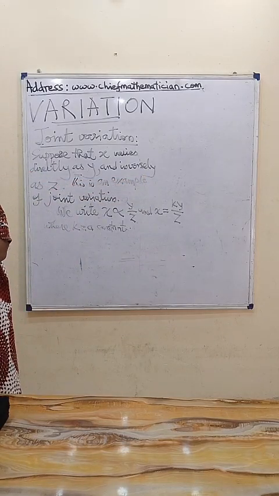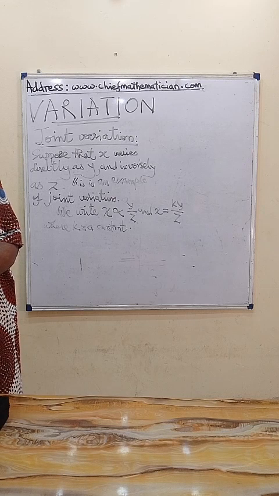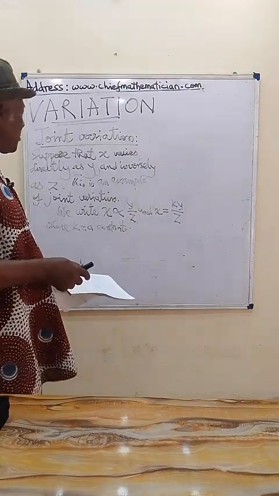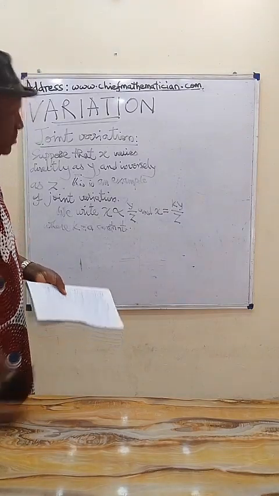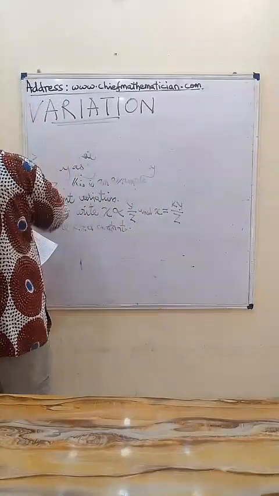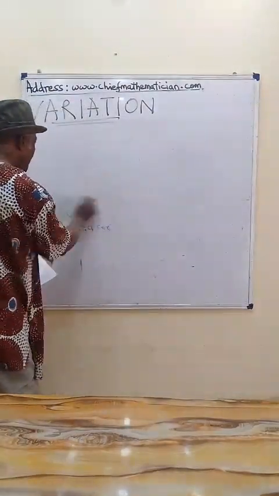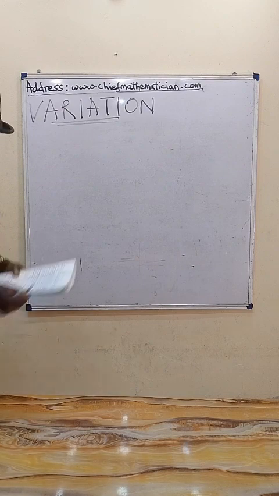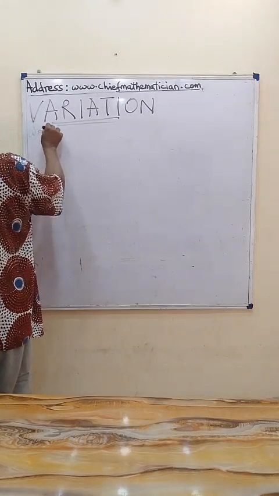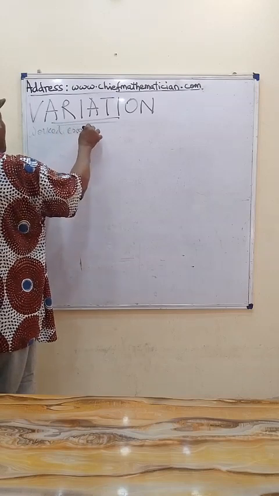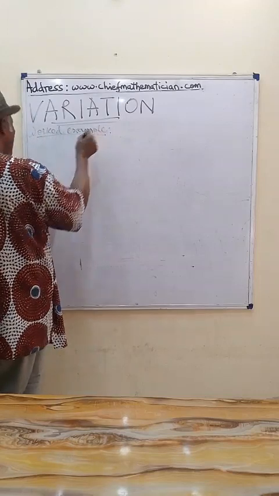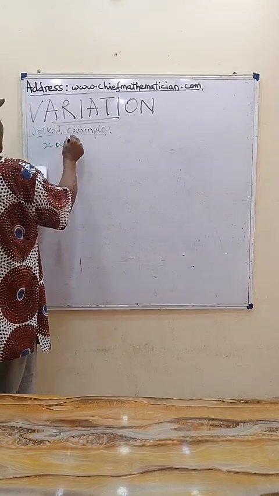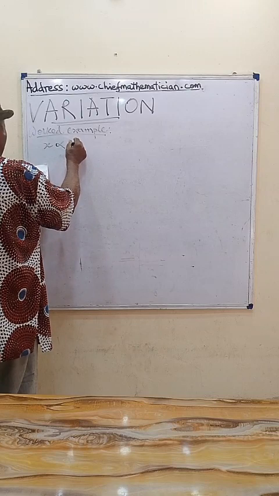So we take an example. What example? x varies directly as y and inversely as z.